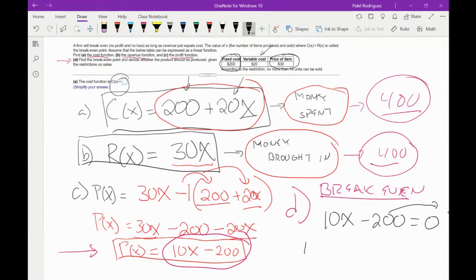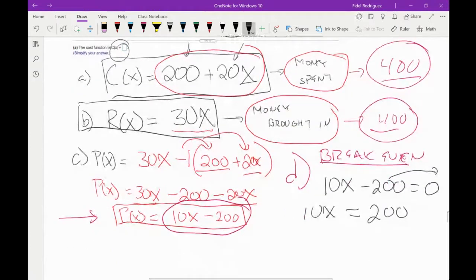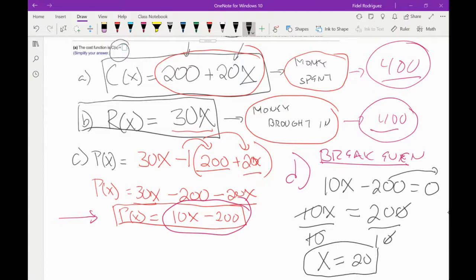When I move that 200 over, it goes from a negative to a positive, and then I divide both sides by 10, and this cancels with that, and we end up with 20. So that means we have to sell 20 radios or 20 headphones or 20 whatever it is we're selling in order for us to break even.